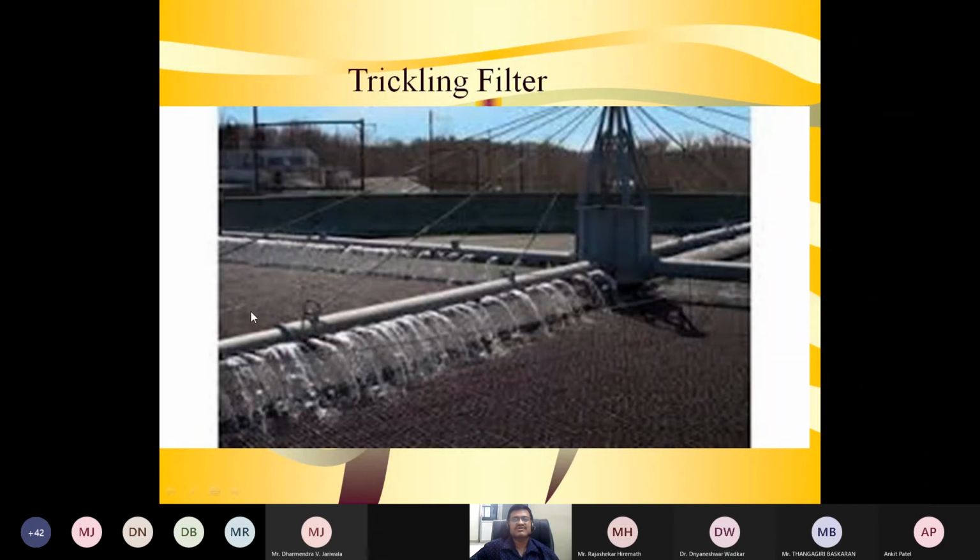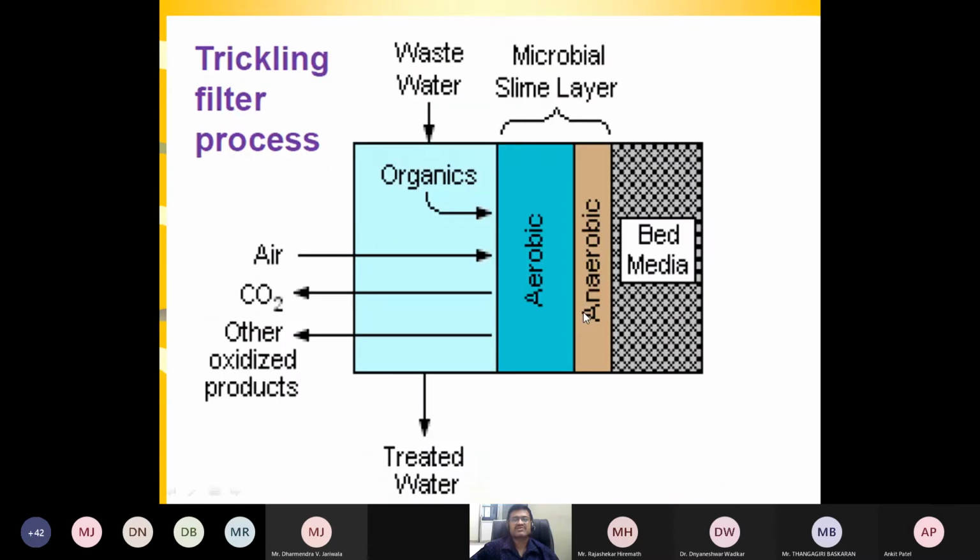But what is there in the trickling filter or attached growth system? You see here the bed of plastic media, and the wastewater is coming from upwards. There is a rotating arm.